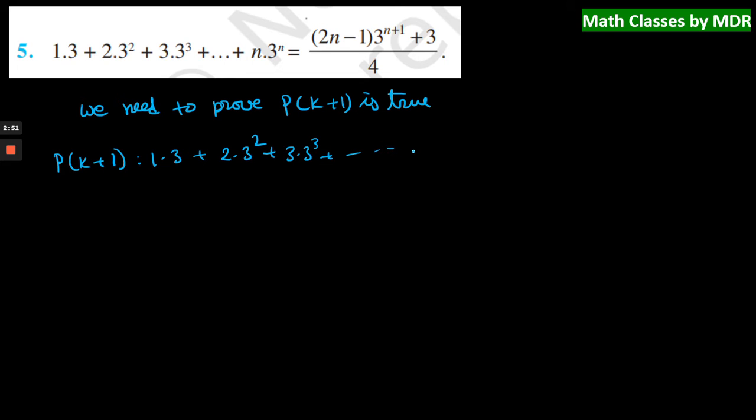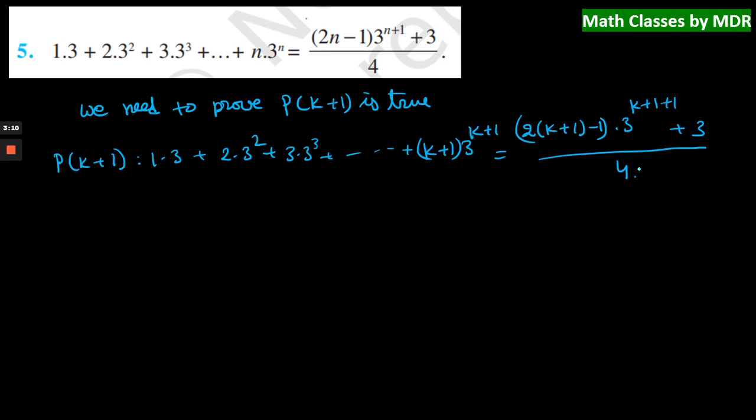You will go up to k plus 1 terms: k plus 1 into 3 to the power k plus 1, is equal to 2 into k plus 1 minus 1, into 3 to the power k plus 1 plus 1, plus 3, whole divided by 4. This is what we have. Wherever you have n, just replace with k plus 1.